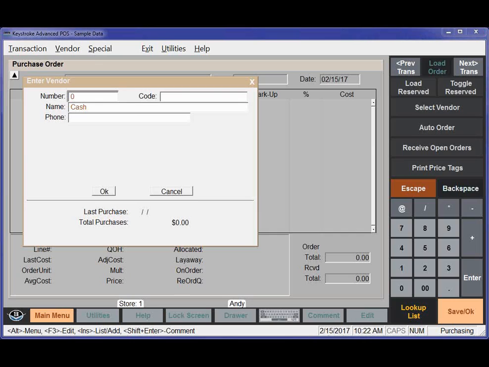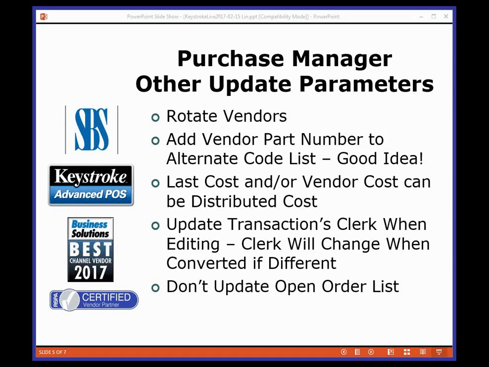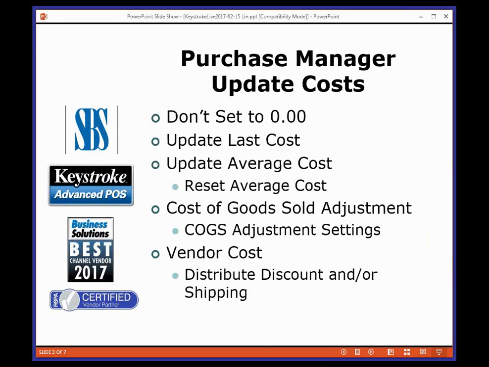So let's go back as a little bit of a review, and I'm going to open this up for questions for Purchase Manager. I kind of broke this up into 3 different things to update. One is update your costs: your vendor cost, your last cost, your average cost, cost of goods sold.